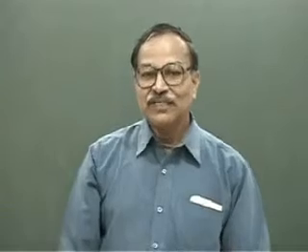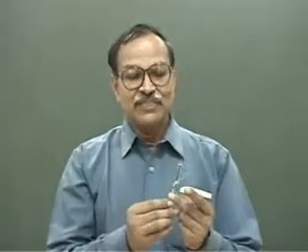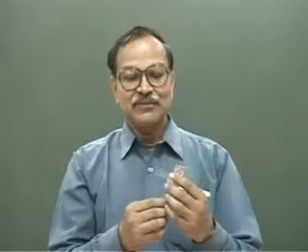So today I will be showing you a paper helicopter and also telling you how it rotates, how it moves, and what kind of physics is involved in that paper helicopter. So here it is. You can see the two sides.